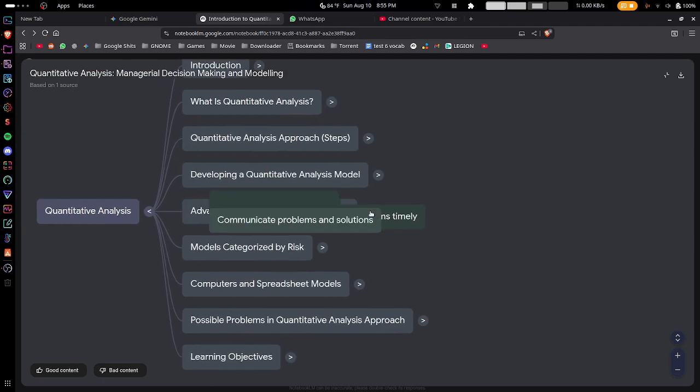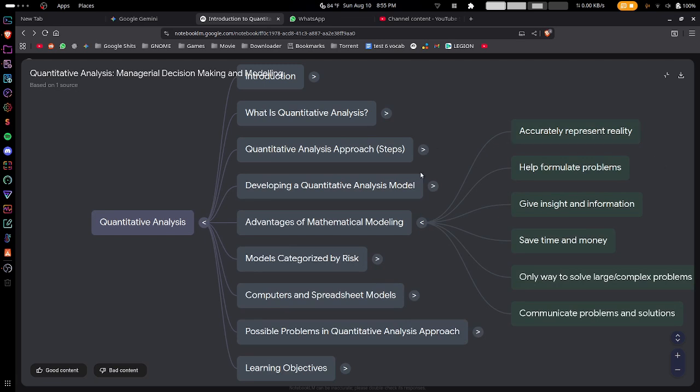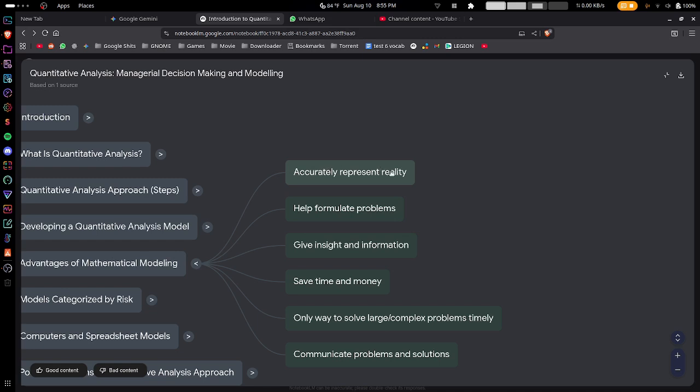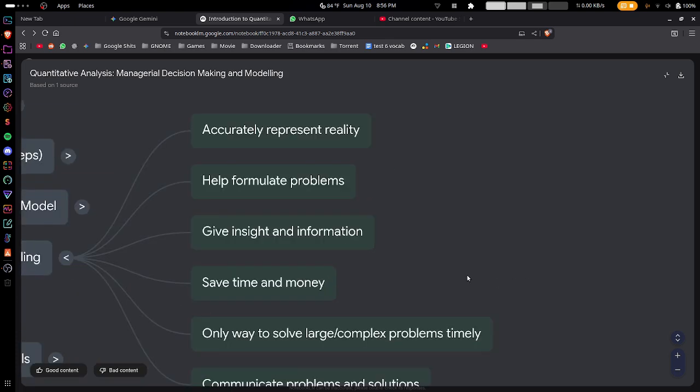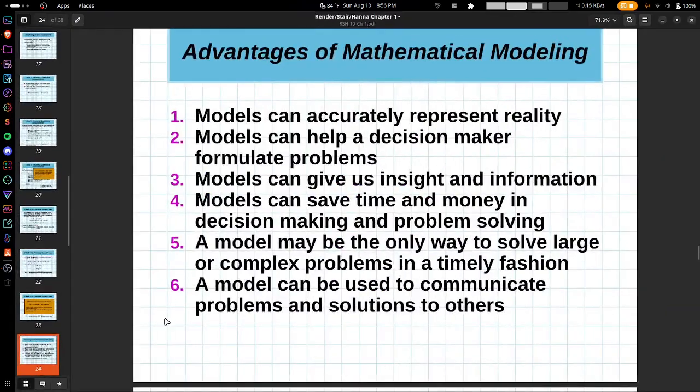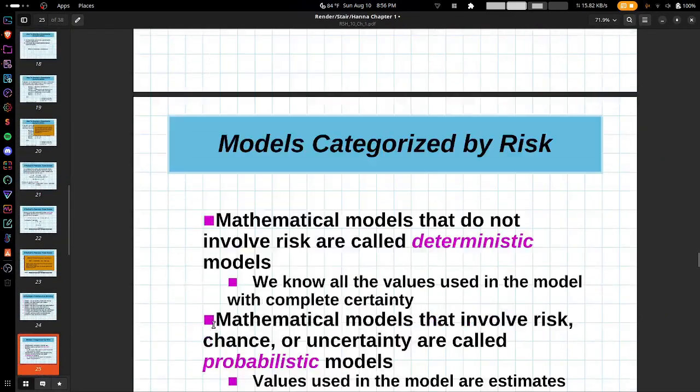We covered all of these things, so we don't need to go through them. They accurately represent reality, help formulate problems, give insight and information, save time and money, are the only way to solve large complex problems in a timely manner, and communicate problems and solutions. So there are six of them.